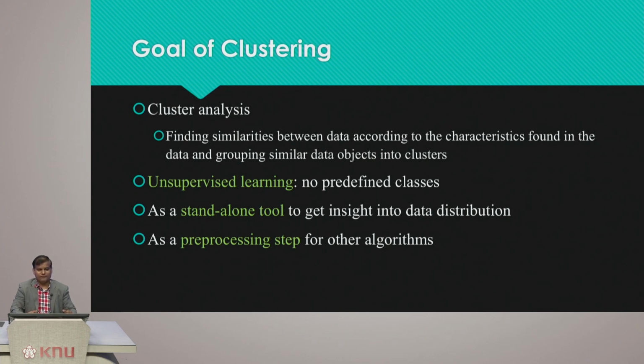If you find this group of data has some similarity, you can group this together as one cluster, and there is another set of data that has similarities, and we are going to group that together as another cluster. And this is the so-called unsupervised learning, or in other words, you don't know its label in advance. In other words, there are no predefined classes.